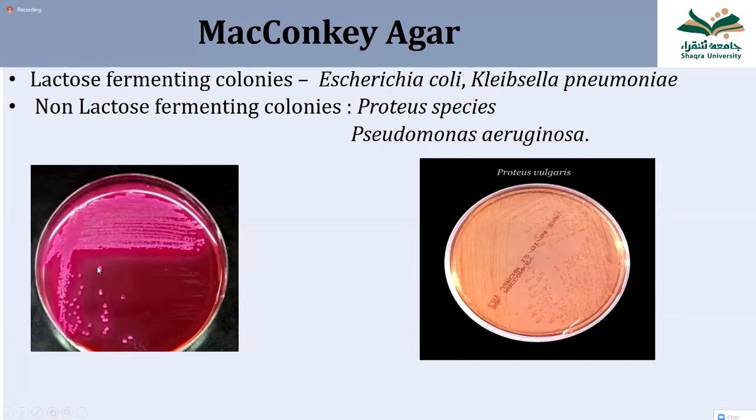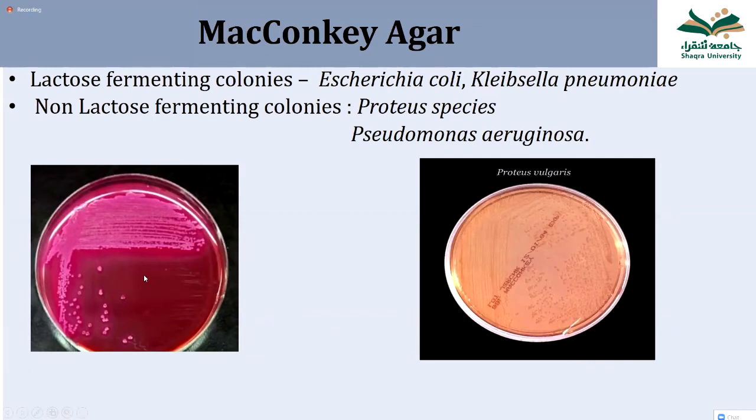So the colonies which are red on McConkey agar are known as lactose fermenting colonies. Can you read this? Lactose fermenting colonies. So these red colonies are lactose fermenting. And the colonies which are not red on McConkey agar are non-lactose fermenting.